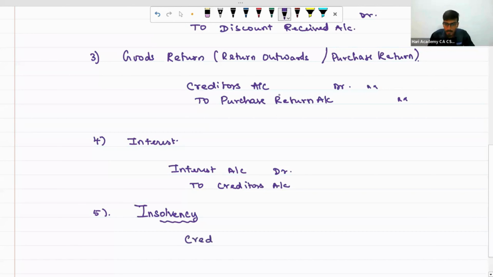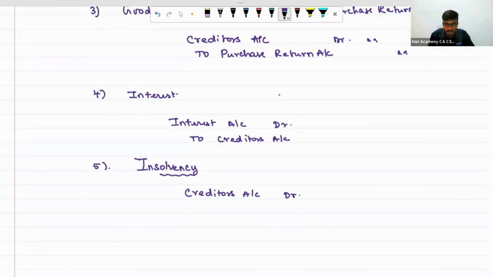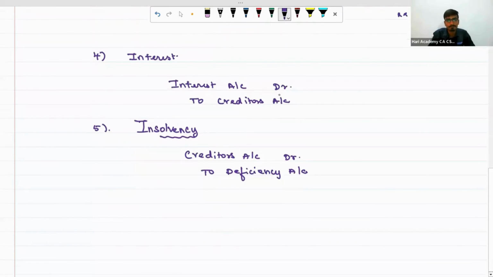So what I will do, my creditors balance will come down. I will use the word deficiency here, deficiency account.